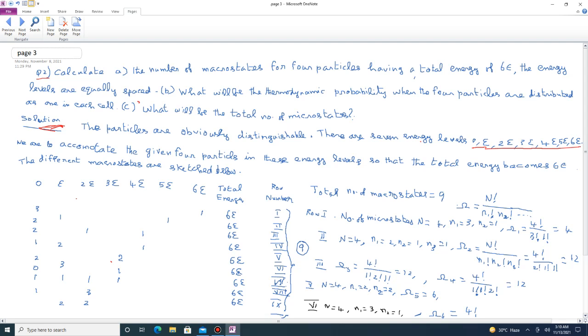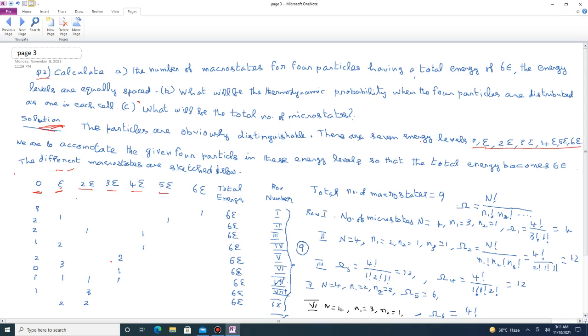Now we have to accommodate the given 4 particles in these levels so that the total energy becomes 6E. The different macrostates are sketched below. So 0, E, 2E, 3E, 4E, 5E and 6E.